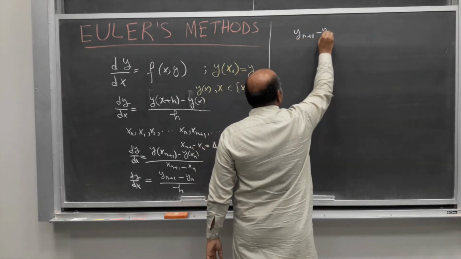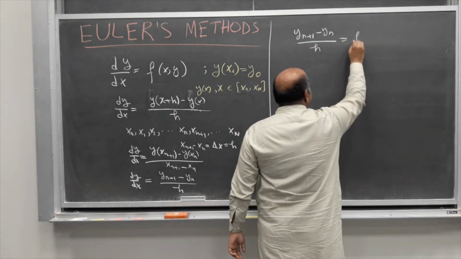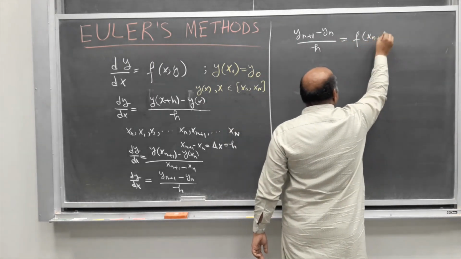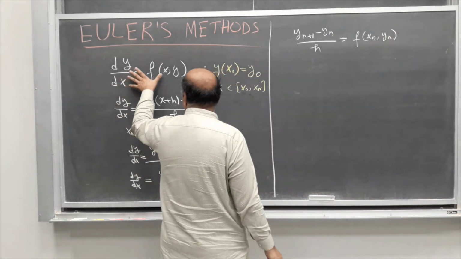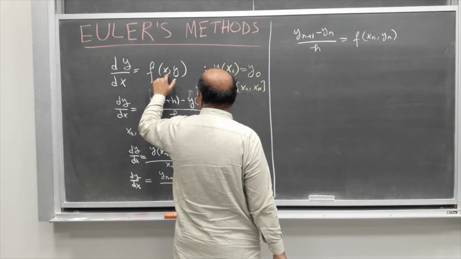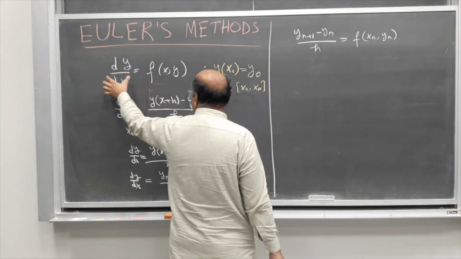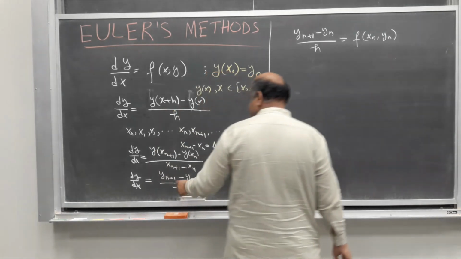yn plus 1 minus yn over h equals f of xn, yn. So essentially I evaluated this equation at xn. At xn the value of y is yn, and at xn the derivative using the forward difference method is this.